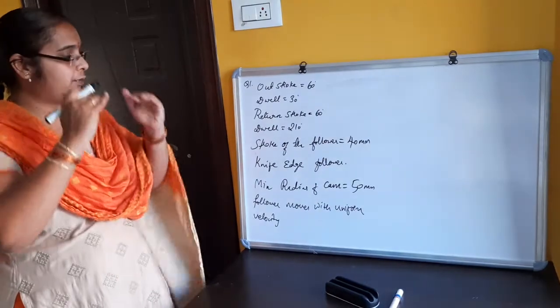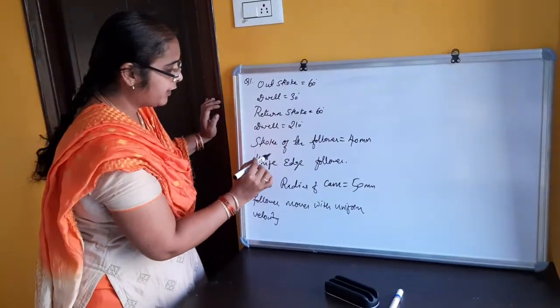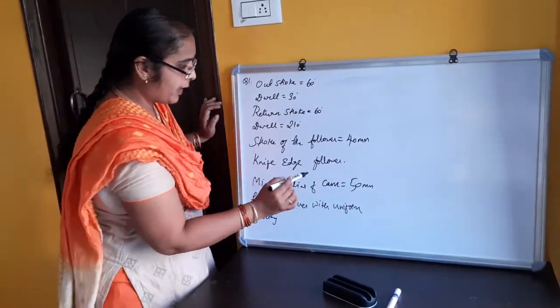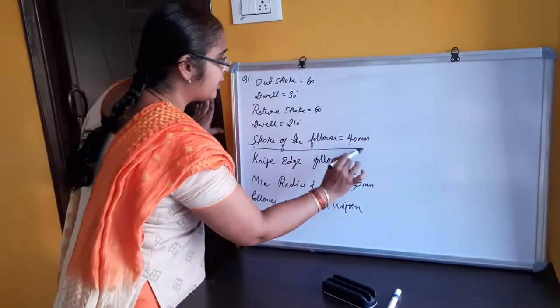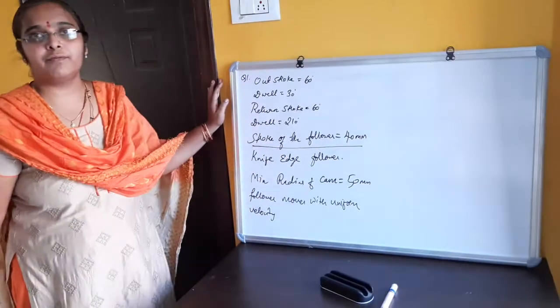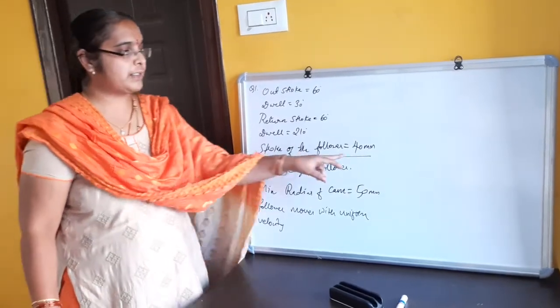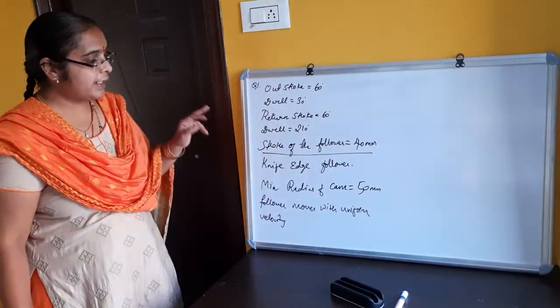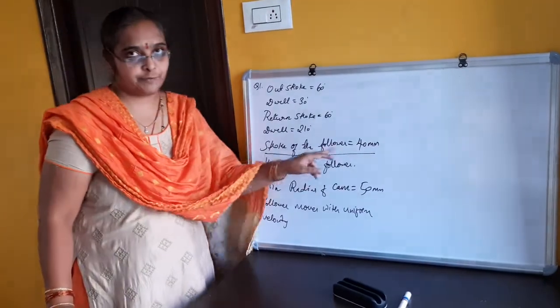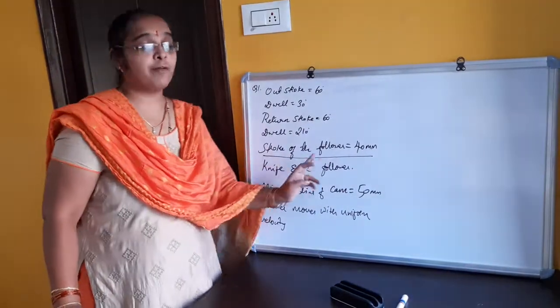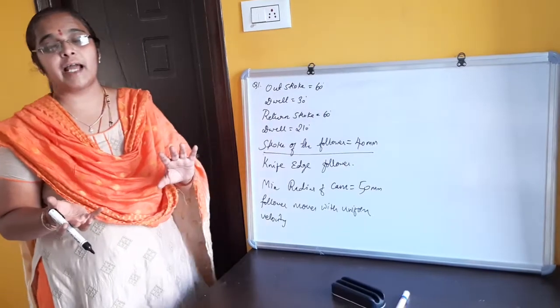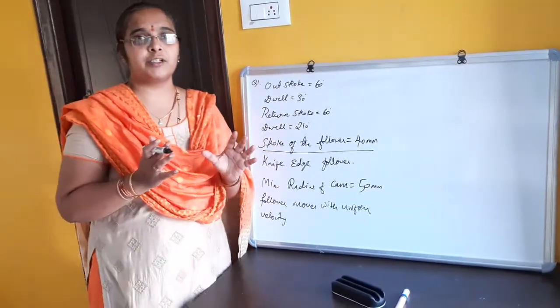How much it lifts is known as the lift of the follower, which is given as 40 mm. It is also known as the stroke of the follower. The maximum distance moved by the follower is 40 mm. And it is a knife edge follower. So depending upon the type of follower, the methodology for constructing the cam profile changes.